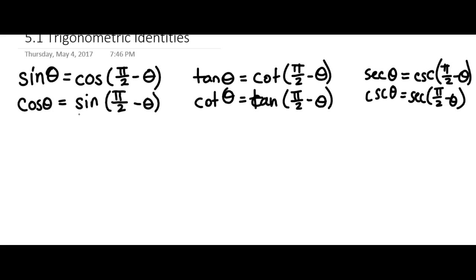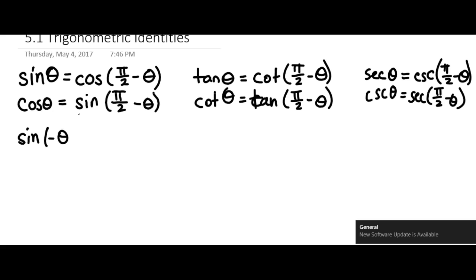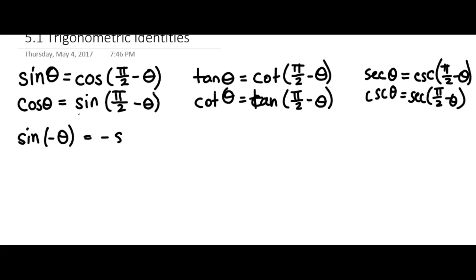The other ones we want to look at are odd and even relationships. And for those, we have that the sine of negative theta is equal to negative sine of theta, and the same relationship is going to hold true for the remaining 5 trig functions.